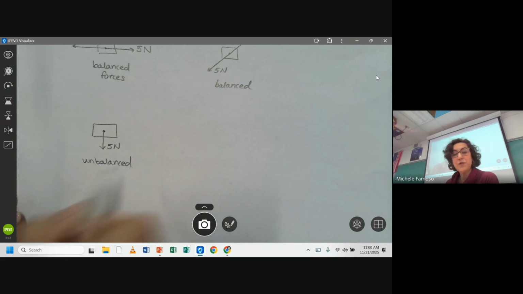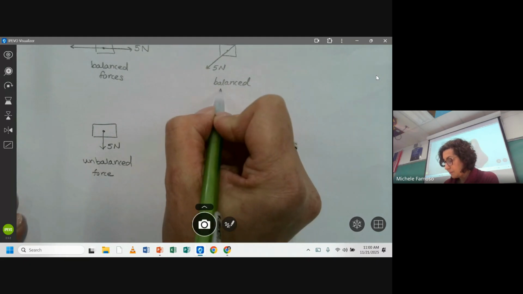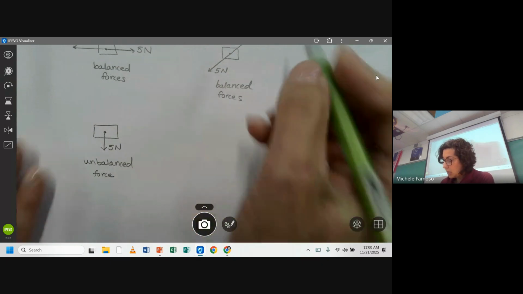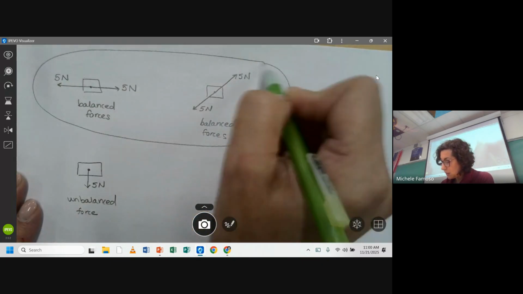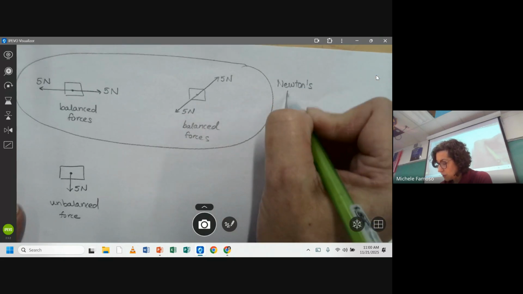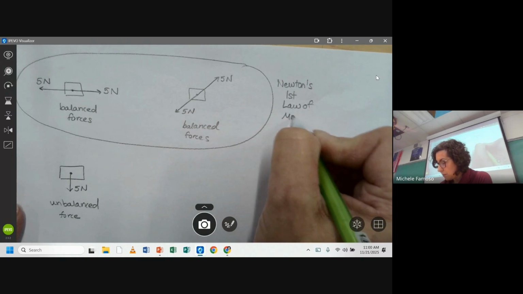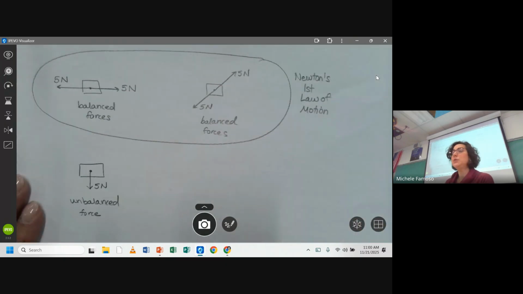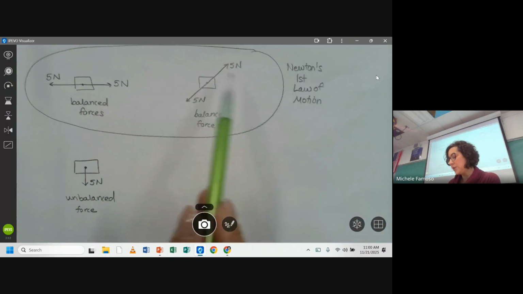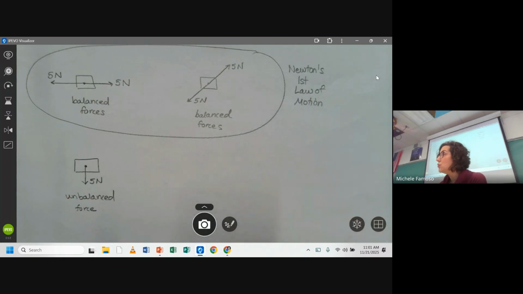What Newton's first law is describing are these situations. This is what is described in Newton's first law of motion. And what Sir Isaac Newton said was that when these forces balance out, you do not change your motion.